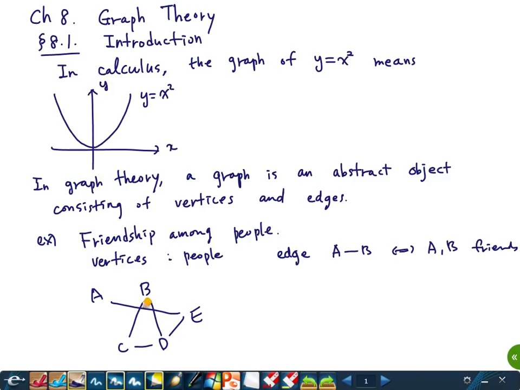Many situations can be understood like this. The kind of relations can be understood as graphs. We did that. I'm going to now give you a precise definition of a graph. But you should always think of graphs as something like this, where we connect dots.